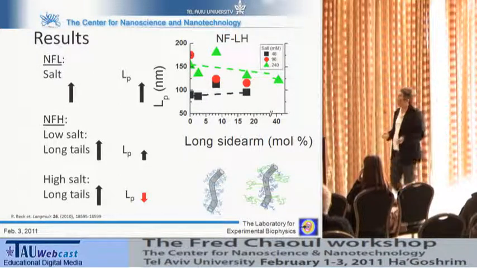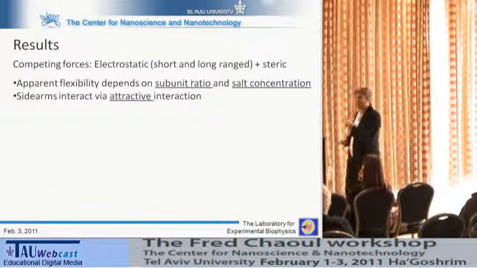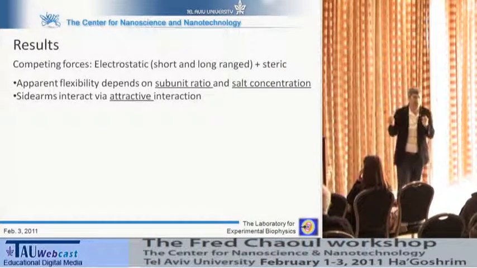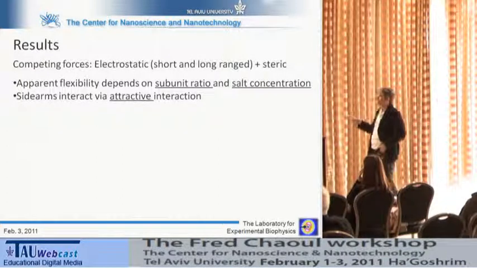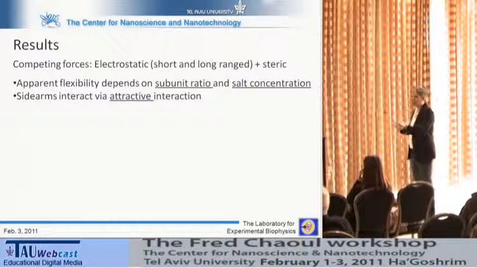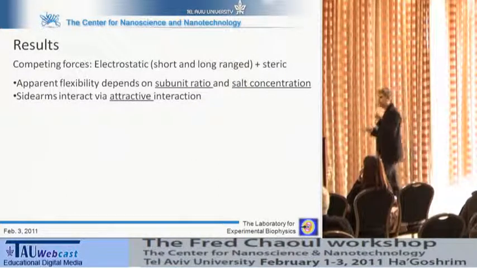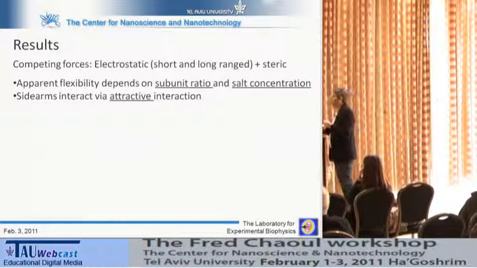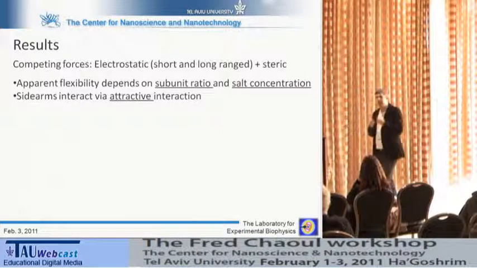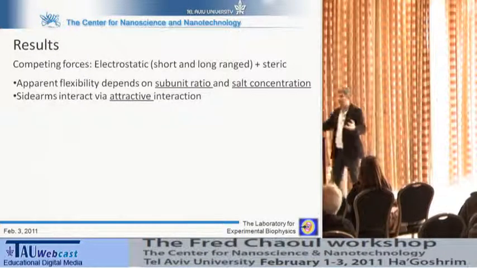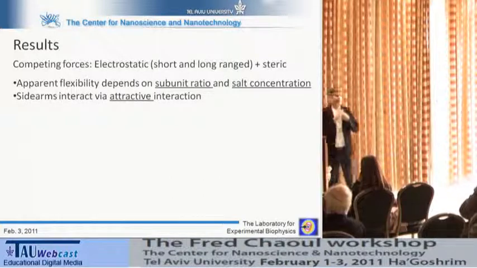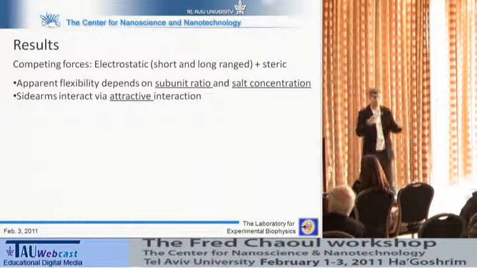So what is the message? Everything can happen here. The message is that the naive picture that we had about polyelectrolytes is not the case for neurofilaments. The apparent flexibility that we measure depends on the composition and on the salt concentration. This is because you don't have just repelling interactions, as you would find in polyelectrolytes or in brushes which are neutral.